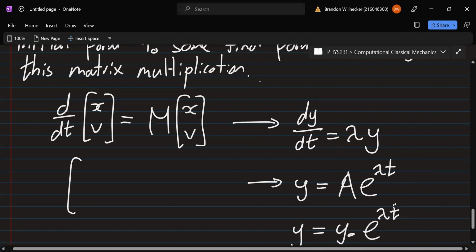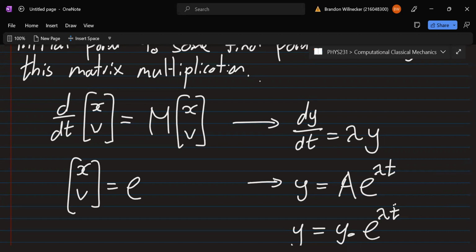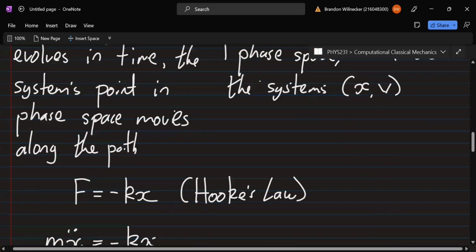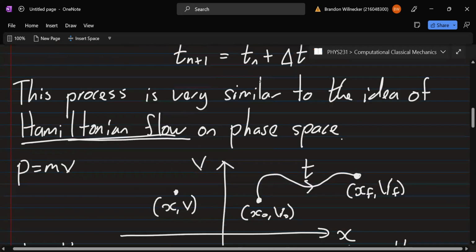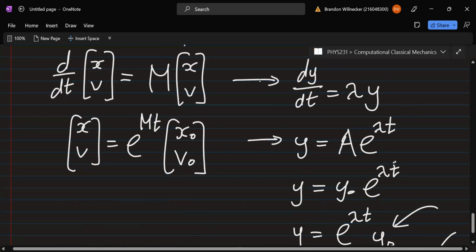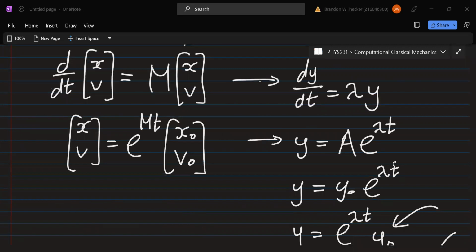We have that x and v is going to be equal to e to the M t acting on the initial state. Okay, and then this gives us this idea of the Hamiltonian flow. So we can start at some point x0, v0, somewhere in our phase space. Let's just go back to the picture here. So somewhere in the phase space at x0, v0, we multiply by this time evolution operator, similar to the quantum mechanical one.